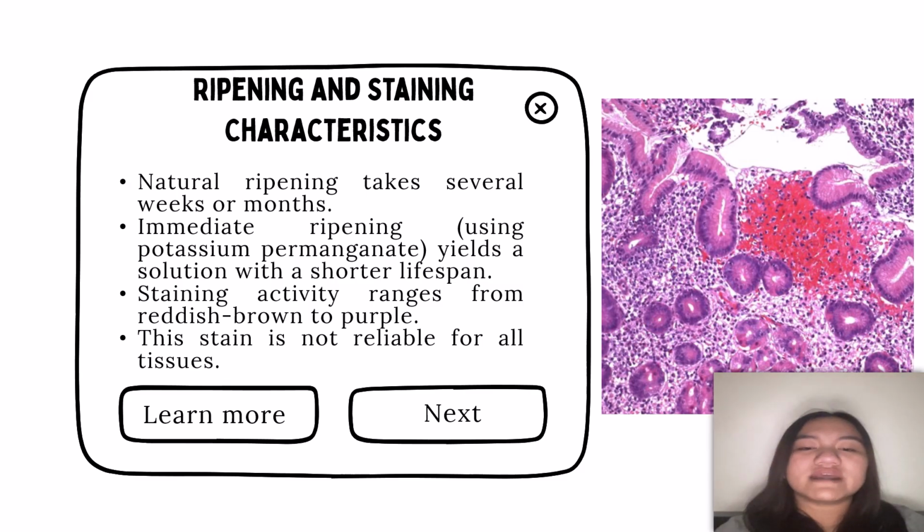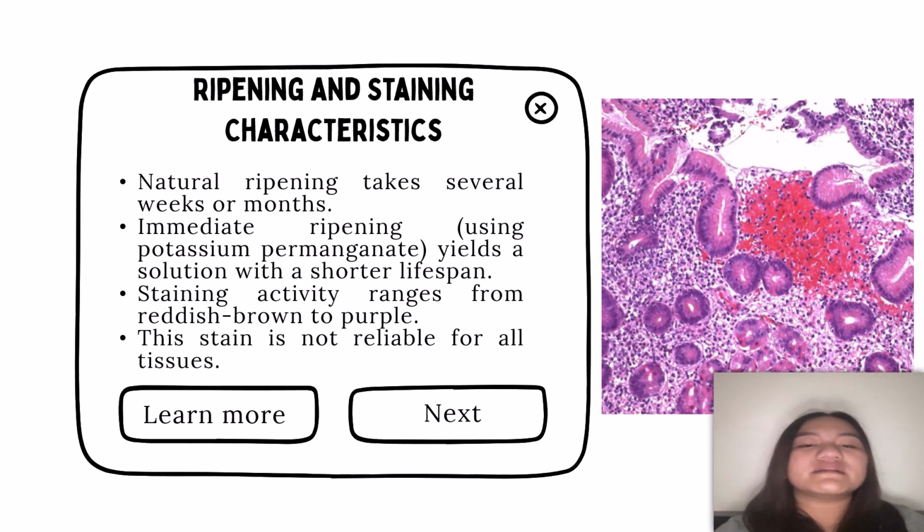The ripening and staining characteristic of PTAH is that it takes several weeks or months for natural ripening, while immediate ripening using potassium permanganate yields a solution with a shorter lifespan.